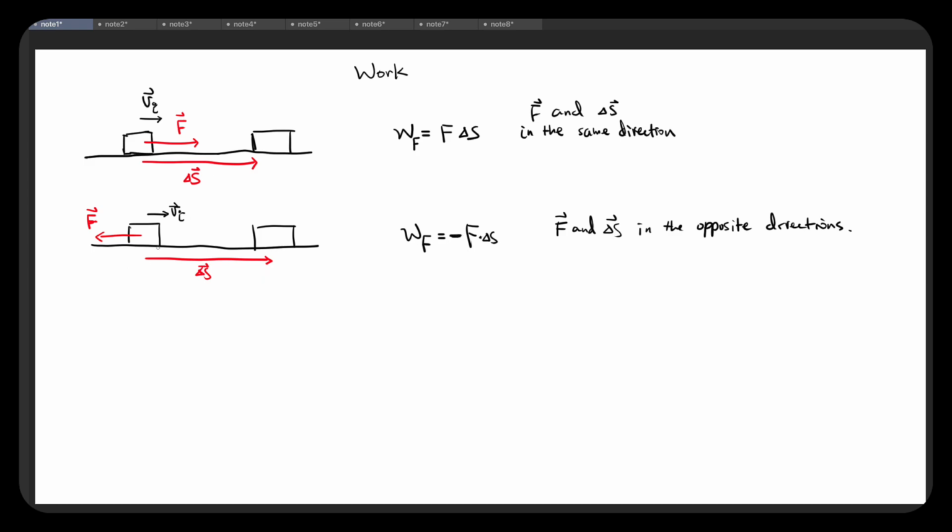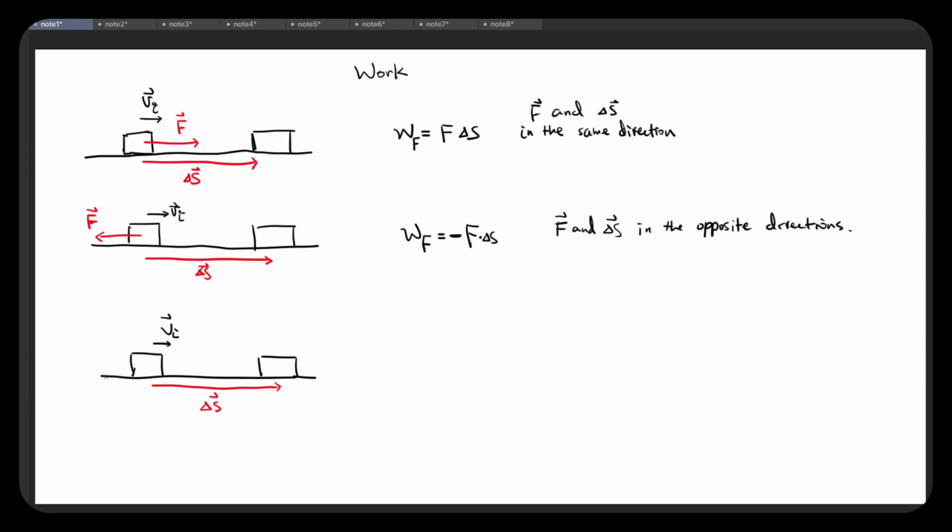In fact, there's a very general relation, so let me draw a picture for the general relation between them. Let's say we still have an object moving along this initial velocity's direction, and it has a displacement delta S in the end.